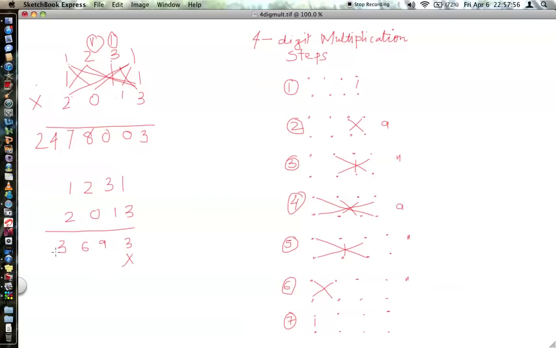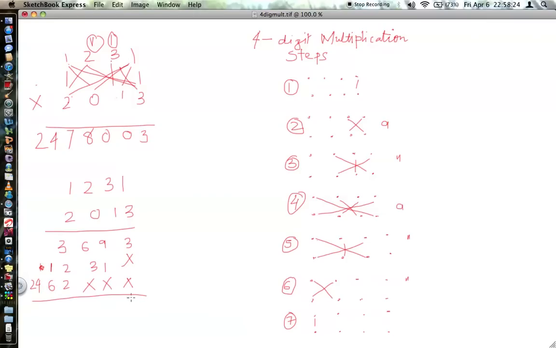Then you multiply 1 2 3 1 with 1, you have 1 2 3 1. You multiply 1 2 3 1 with 0, which is 0. Then you multiply 1 2 3 1 with 2, so you have 2 4 6 2.